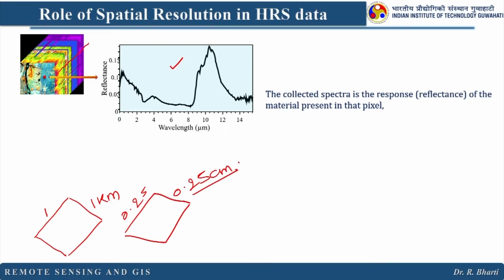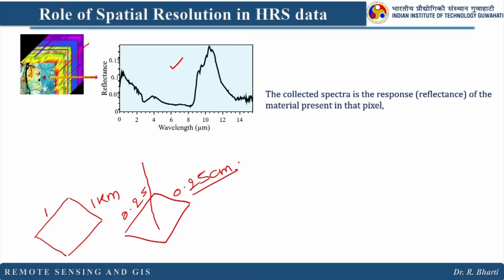It says you will get only one averaged value for this pixel in your image, right. Here for 0.25 by 0.25 centimeter, you will again get only one averaged value in your image. So, exactly what are we getting? We are getting the averaged response of material in that particular area, in that particular wavelength, right.